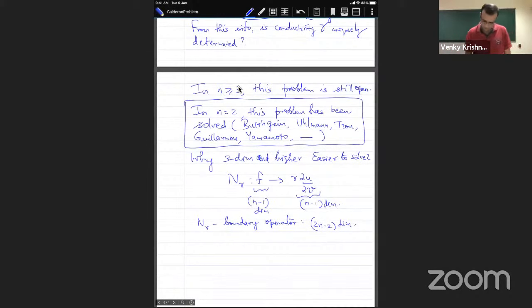So N_gamma, the boundary operator, depends on 2n minus 2 dimensions. If n is bigger than or equal to 3, then we have a lot more freedom, or in other words, a lot more data.